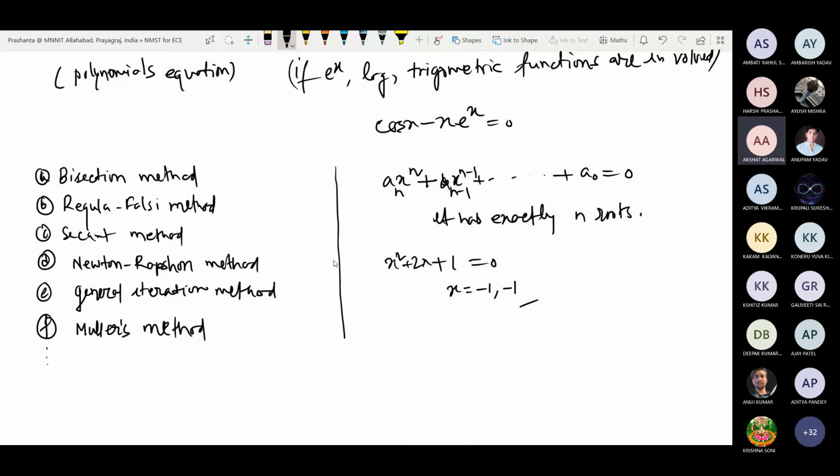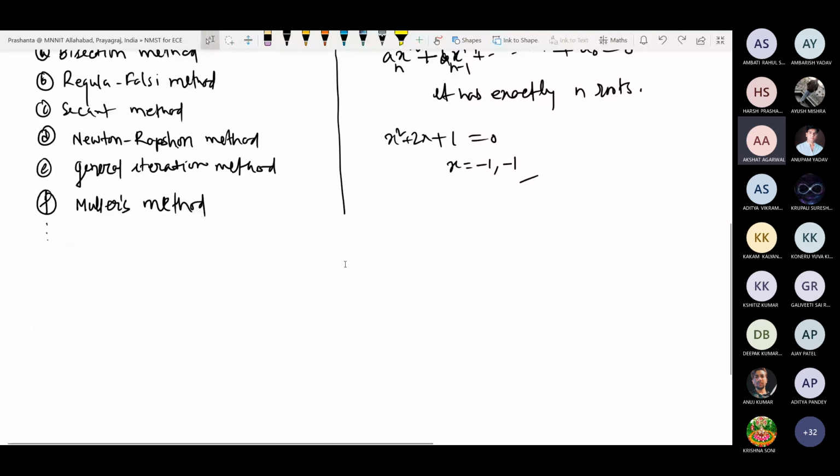Mathematical criterion? They will repeat twice, how will you check it with the function? If the equation is the function, consider the left hand side expression. Sir, f(x1) is equal to f(x2) for x1 equal to x2. Then it will be multiplicity of 2.